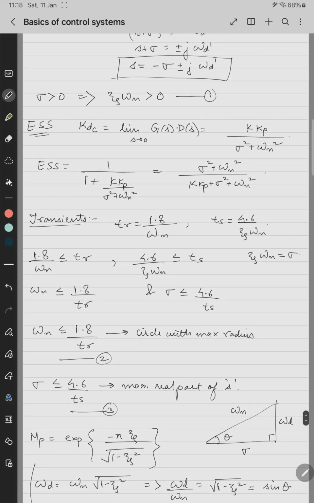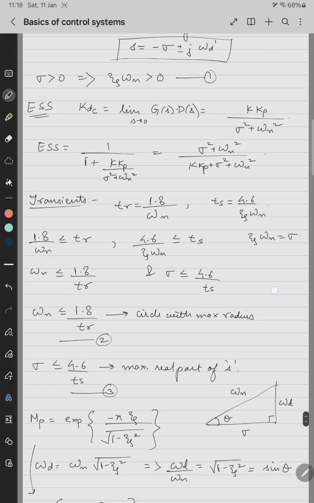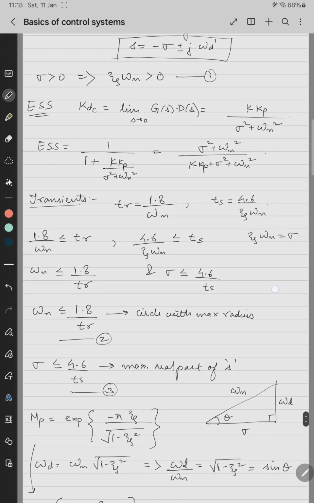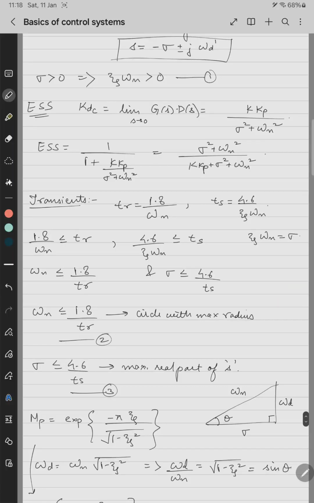Where is the equation? Yeah, sigma square plus omega n square by this, which is known to us, which should be between 2% or this percent limit. So using this we can find omega d and Kp. So a steady state error is given to us. Using this 2% limit and all, we can find the steady state response.